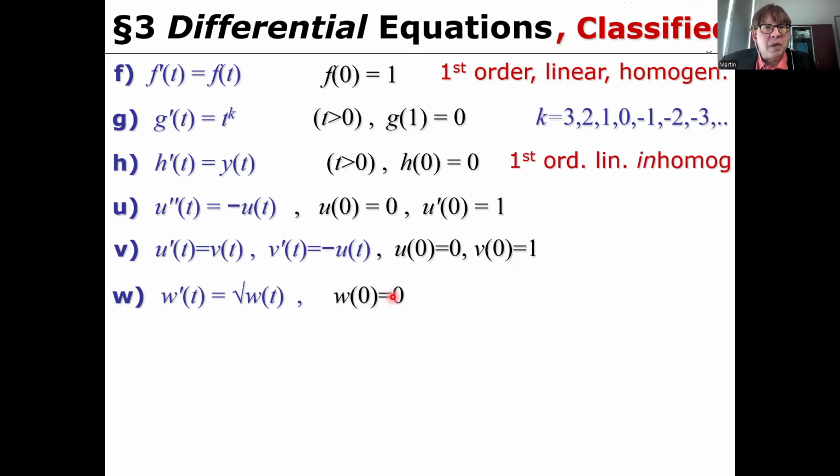The next example is also first order, also linear, but it's inhomogeneous because it involves a term that does not depend on h, the solution function we're looking for. So this is called inhomogeneous. This was an example of a second order non-linear homogeneous differential equation. This is a system, a first-order system.